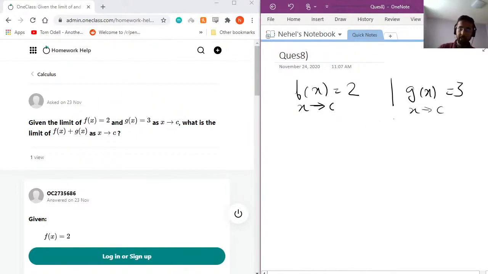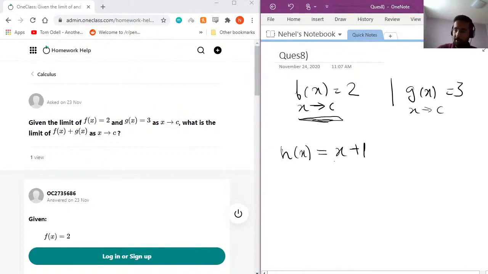So the way to think of this limit and tending to expression is that if I have a function, let's say I'm going to call it h of x, and it's equal to x plus 1.